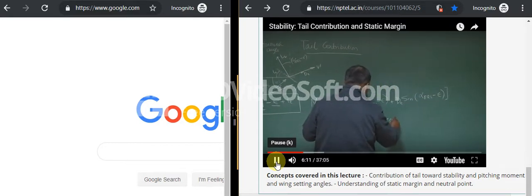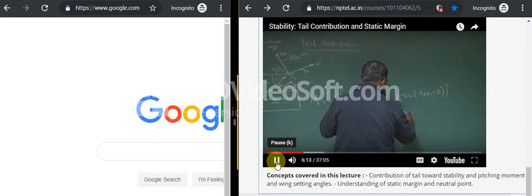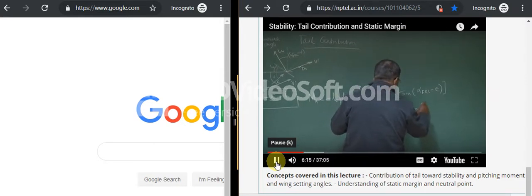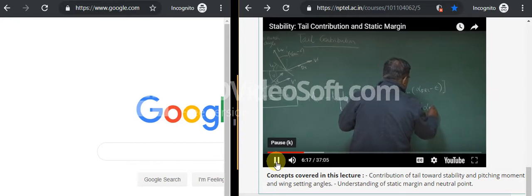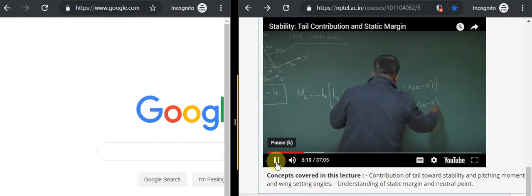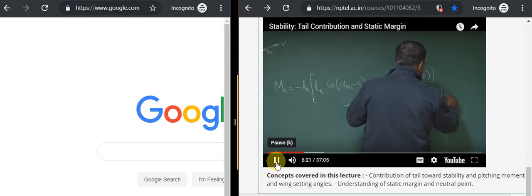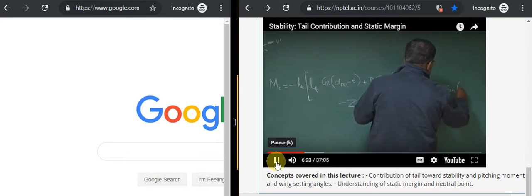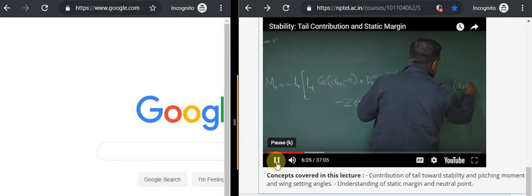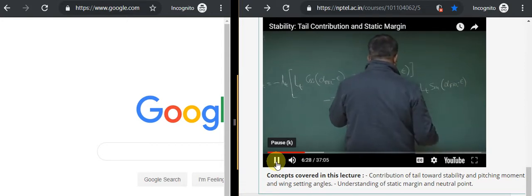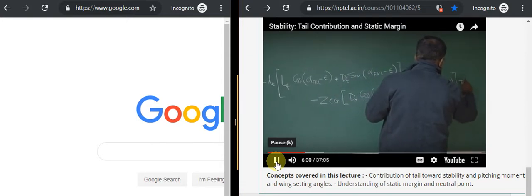D of tail cos of alpha FRL minus epsilon, minus LT sine of alpha FRL minus epsilon, plus MAC tail.